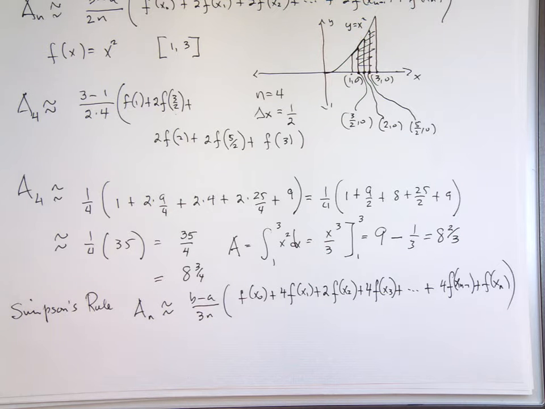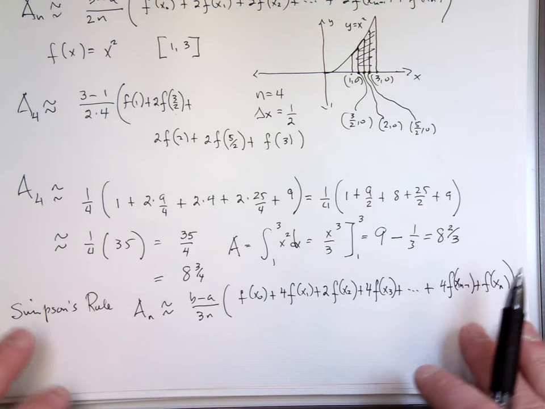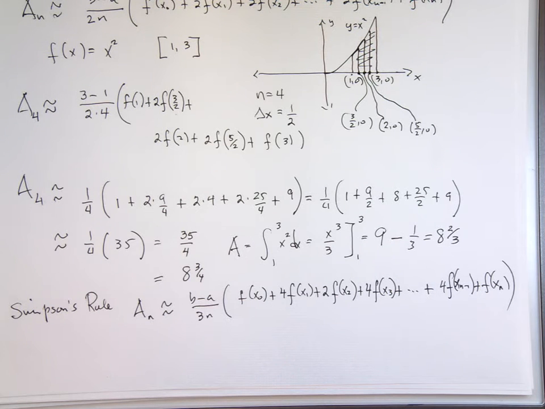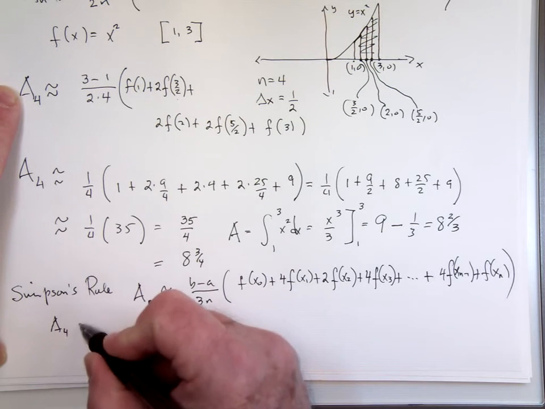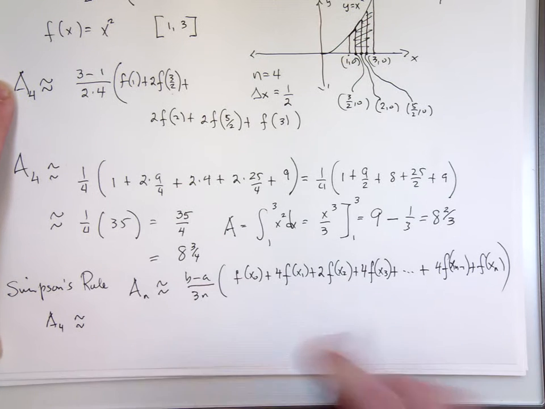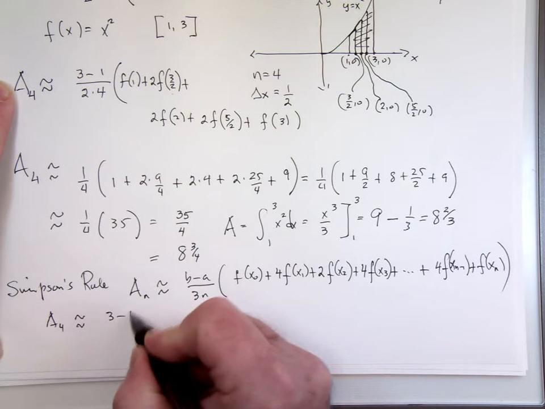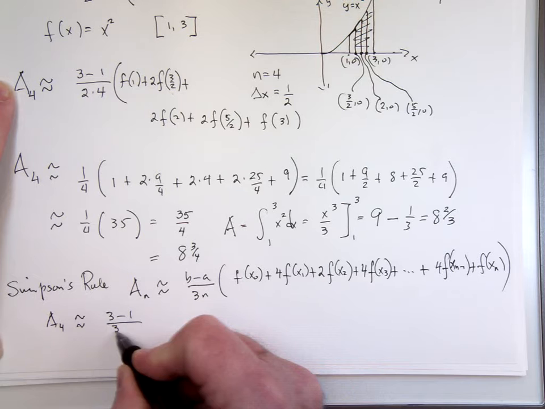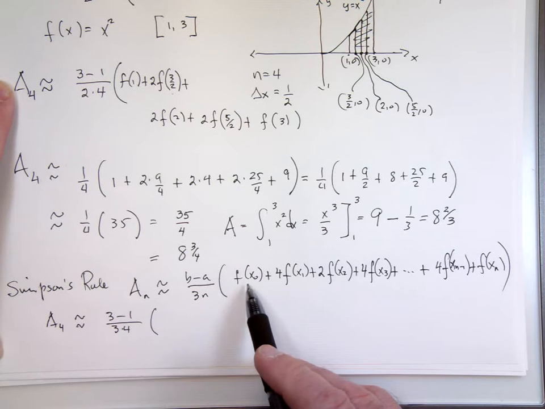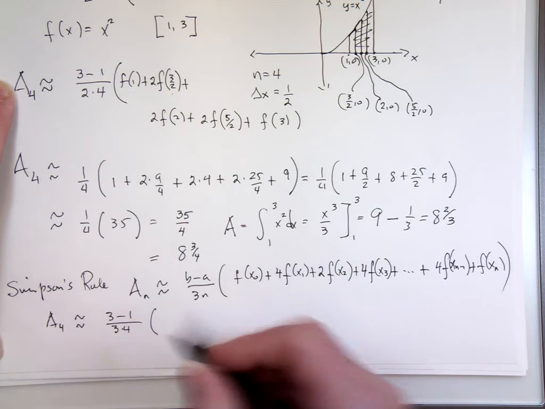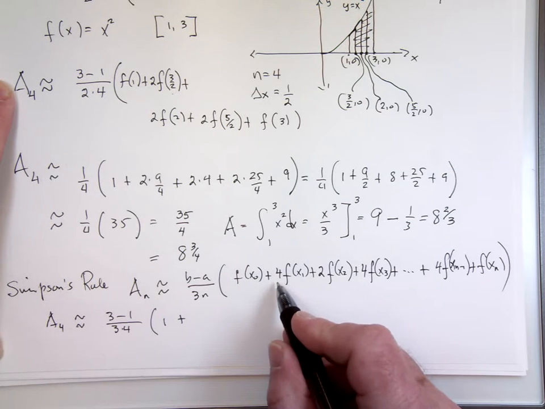All right. Anyhow, let's use Simpson's Rule on the same area problem and see how good it is. For Simpson's Rule, the area with n equal to 4 is approximately (b minus a) over 3n, which is (3 minus 1) over 3 times 4, times f of 1, which is 1, plus 4 f of 3 halves.